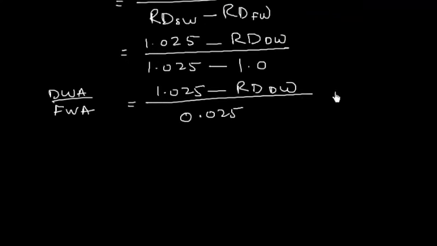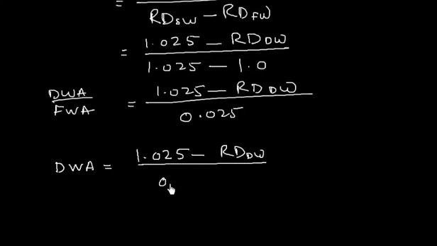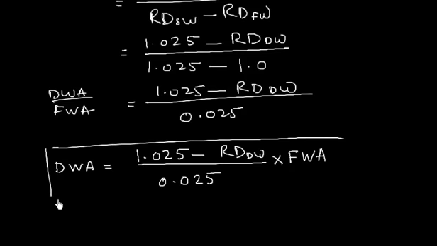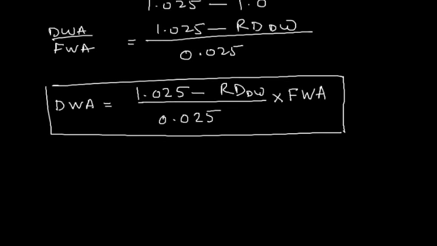Now all I have to do, I just need to bring freshwater allowance on the right hand side. So I may write like this: dock water allowance is equal to 1.025 minus RD dock water divided by 0.025 multiplied by freshwater allowance. And this is a very useful formula.